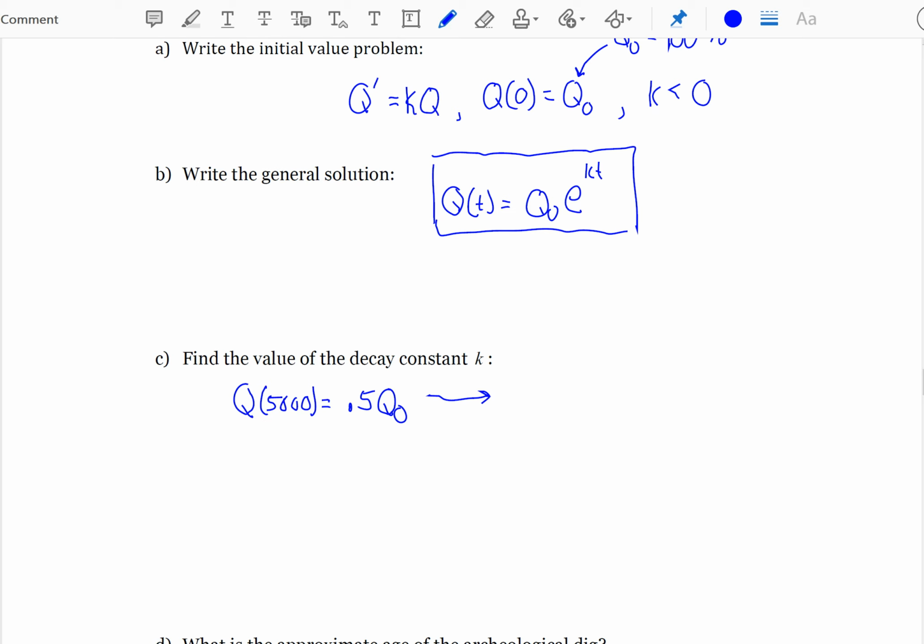This leads to the equation to ask us to find K, knowing that our decay equation, Q naught e to the 5,600 K has to equal half of its initial value.